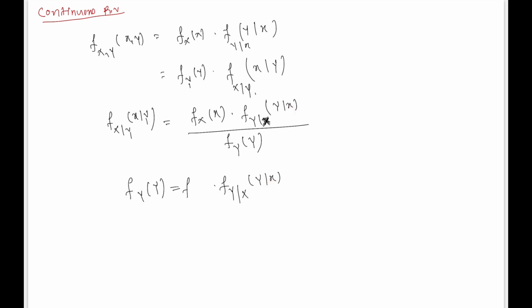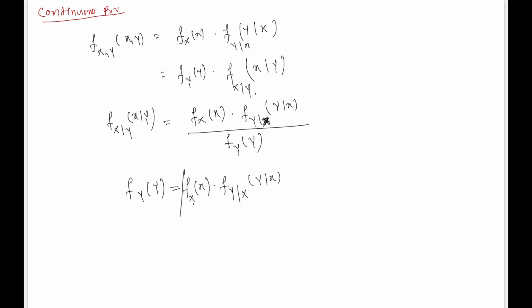So we weight this using the PDF of x, and we sum over the possible values of x.